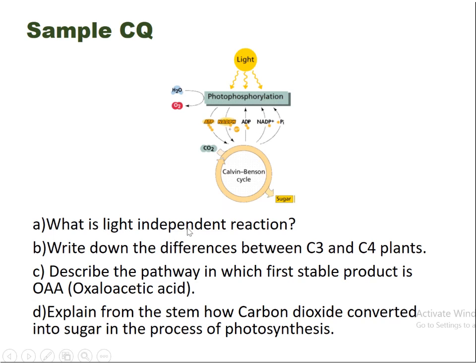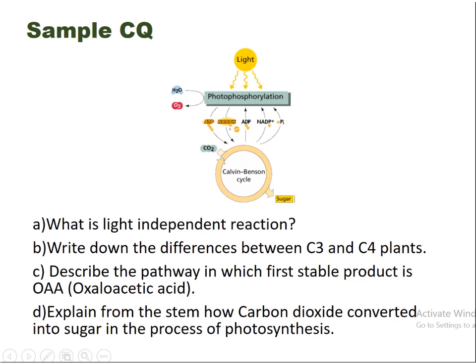You have to answer these 4 questions, and their marks are 1, 2, 3, and 4 respectively. You have to define what is light independent reaction, and then write the differences between C3 and C4 plants, and you have to describe the pathway in which the first stable product is oxaloacetic acid.